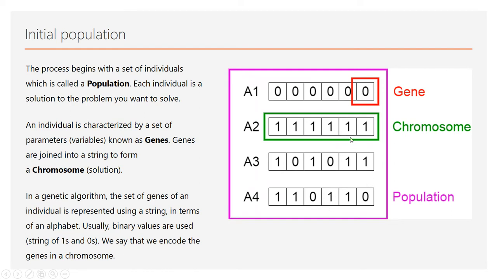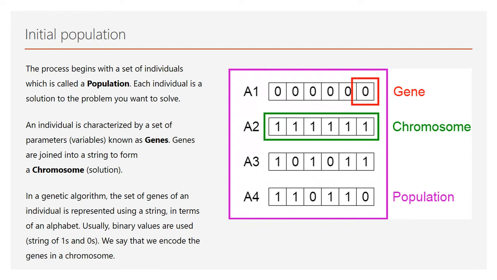A single chromosome string has 6 genes as I have represented here, and this is the entire population. What the genetic algorithm does in this case is take all the results and compare them to create the next result, so that it can match what we are actually looking for.